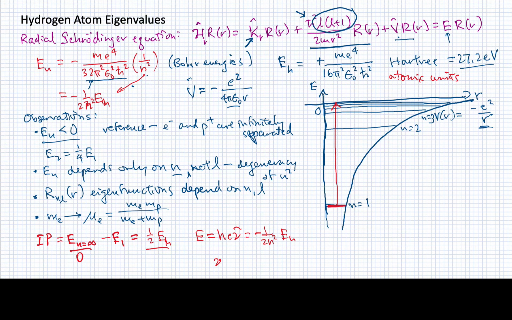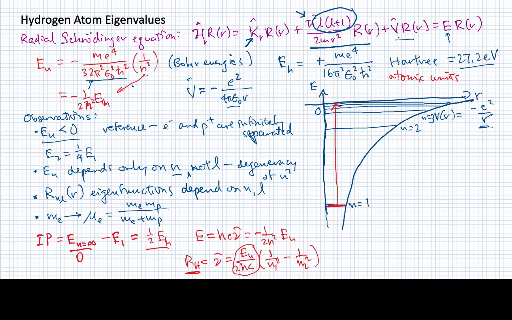So this nu is just going to be equal to the difference in these two energy levels. So R_H is the nu tilde, and that's going to be the hartree energy divided by hc, and I should leave the 2 in there, times this 1 over n1 squared minus 1 over n2 squared. So this thing here represents the Rydberg constant.